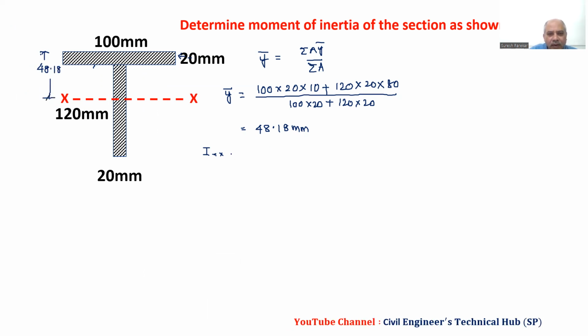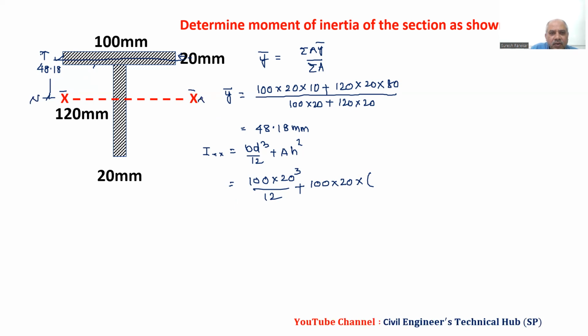So we have BD cube by 12 plus A into H square. First we go for the flange portion: 100 into 20 cube by 12 plus A into H square, 100 into 20 into H. H is the distance between the center of this and the X bar, the neutral axis.